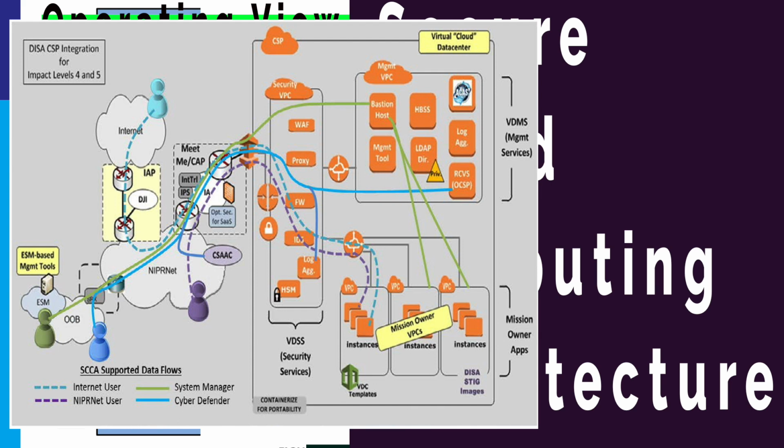These are core components of a secure cloud computing architecture for safe communication with the greater enterprise. And you'll see in the figure it says NIPRNet. That is an unclassified network, right, that all these outside people are connecting to. And even though it is unclassified, it still needs to be protected.